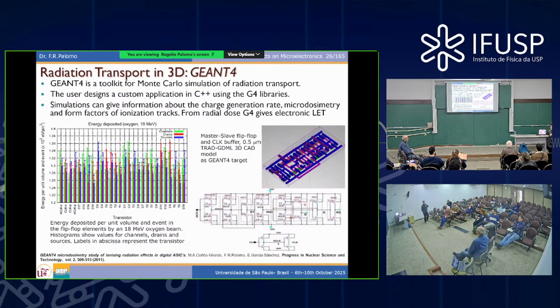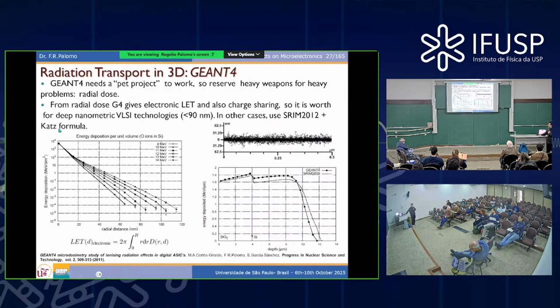The question is that in CMS we use Geant4 to model the 4 pi detector, but at a level of centimeters, not at a level of micrometers. So the amount of work here is not worth it. But anyway, you can do it. In Geant4, you need a PIT project.